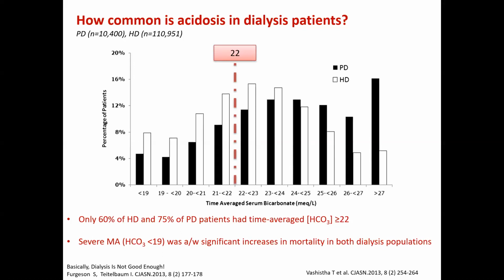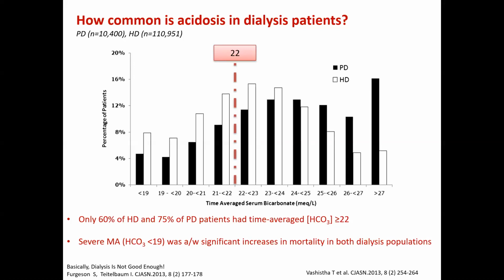So in this particular study, only 60% of hemodialysis patients and 75% of PD patients had a time averaged bicarbonate that is equal to or more than 22. So really, dialysis is not good enough. It does not get the bicarbonate up in all of these patients, all right?